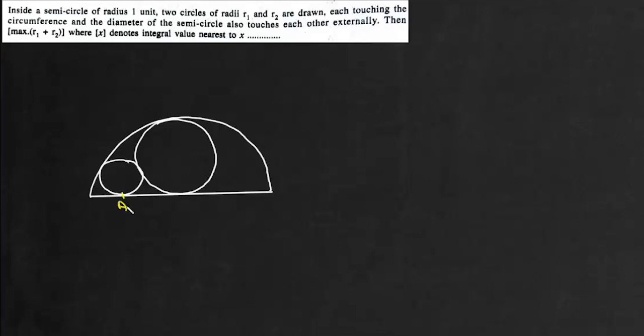Let this point of contact be A and this be B. And if we draw their common tangent, let this be M. Now basically these three lengths will be equal. Now suppose this is C.